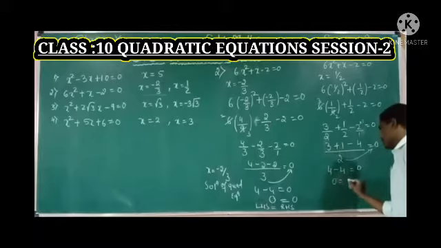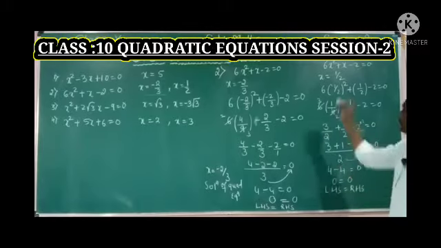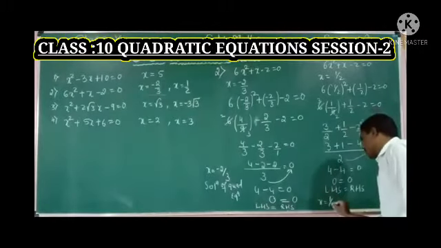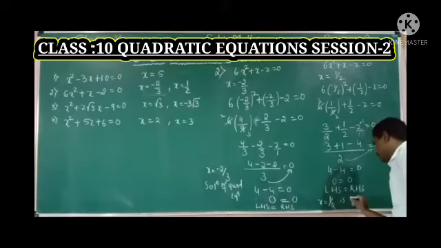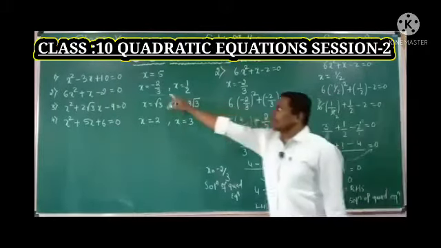So 0 is equal to 0. It means LHS is equal to RHS. Therefore, x is equal to 1 by 2 is a solution of the quadratic equation.